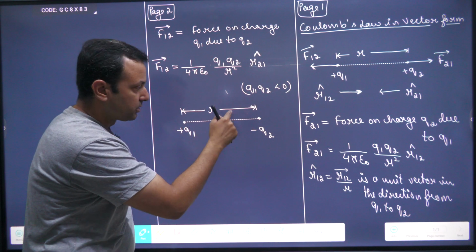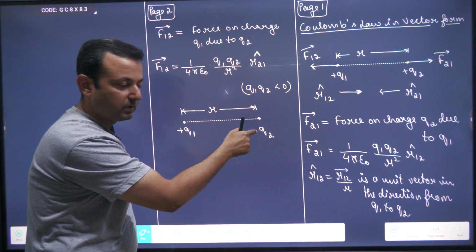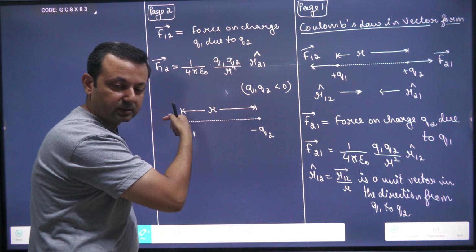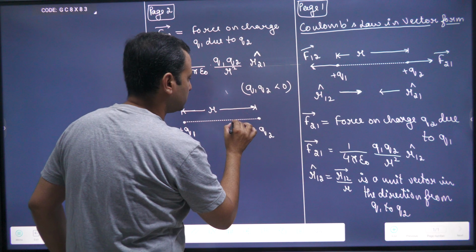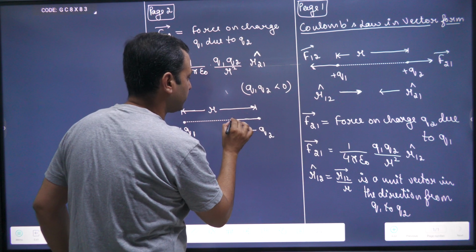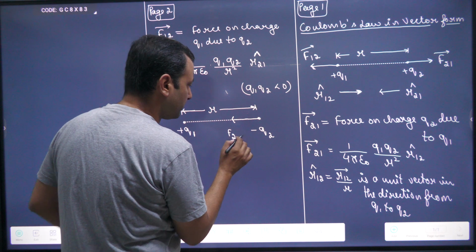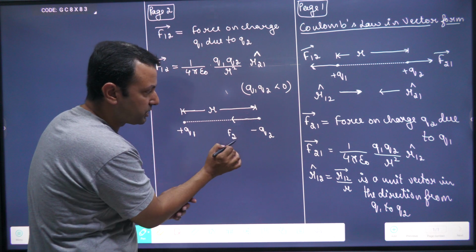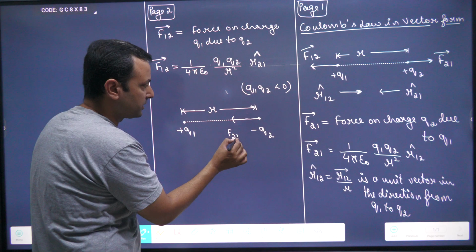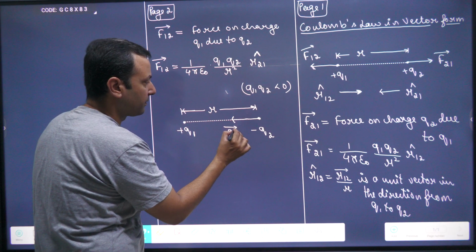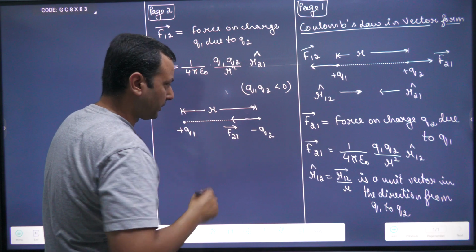So this charge will feel that it is getting attracted towards this positive charge, and the direction of force will be like this. The force is F2 because it is experienced by charge 2, and it is because of charge 1. So F21 vector.